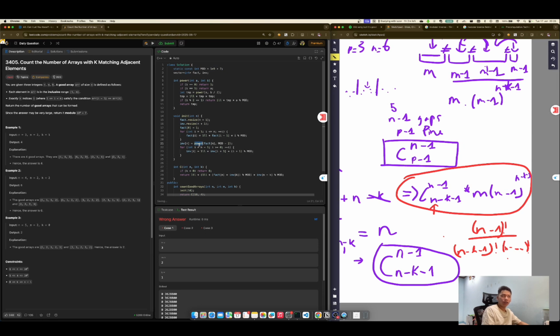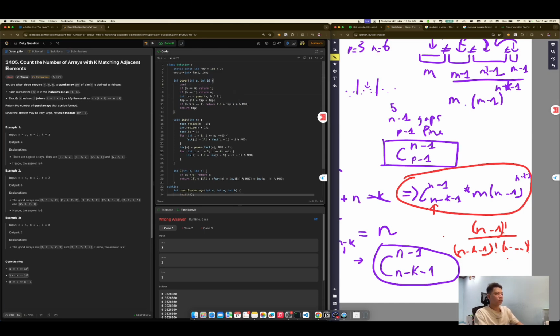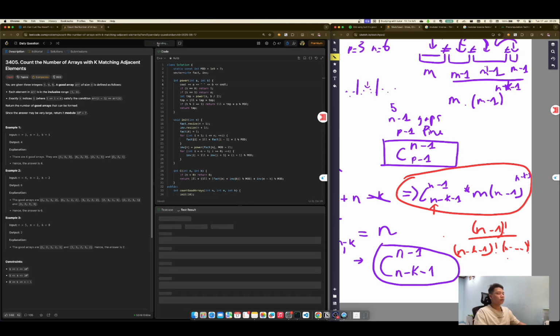The power here equal to 0 returns 1. Yes, that's right. But if 1, we return a. That's right too. So the wrong part is from this function, right? It returns 0.